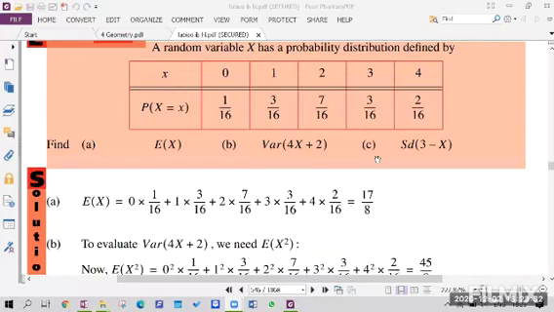If you're supposed to do this, then E of x you already know how to find out. Variance of x you can find out, and then you can do variance of 4x plus 2. How would you do variance of 4x plus 2?